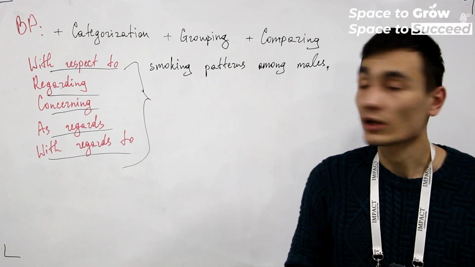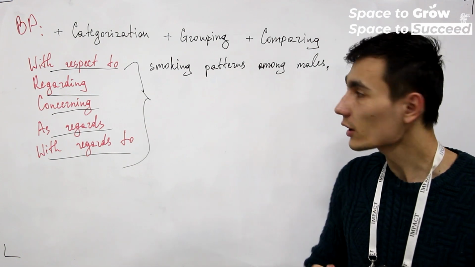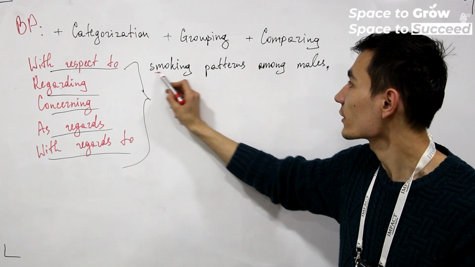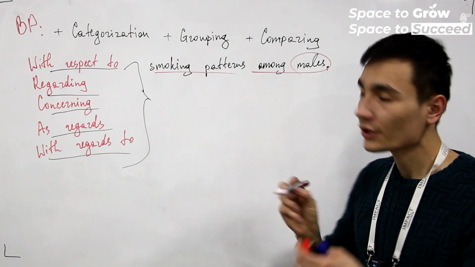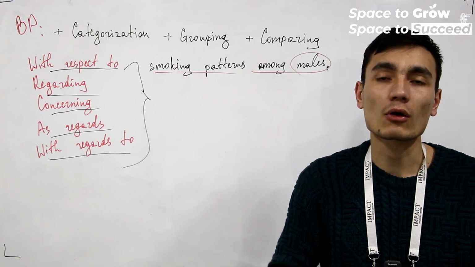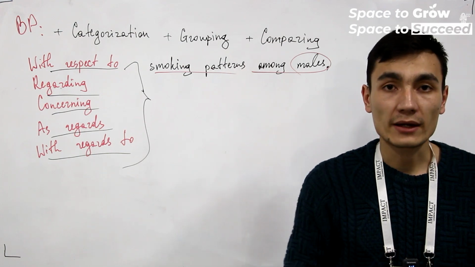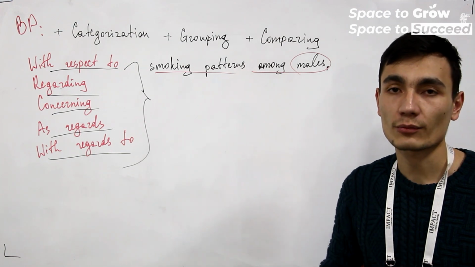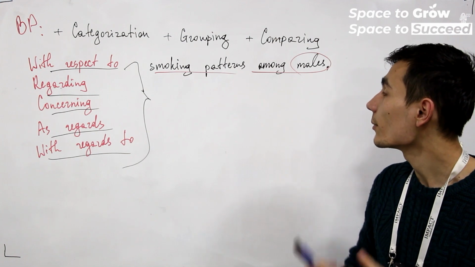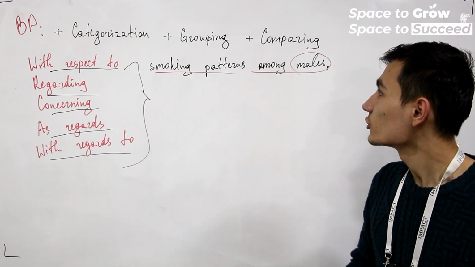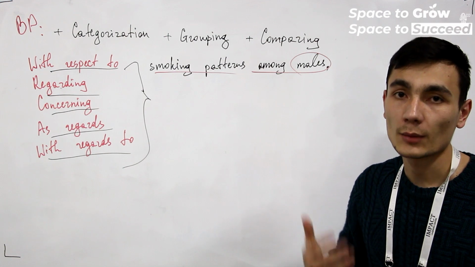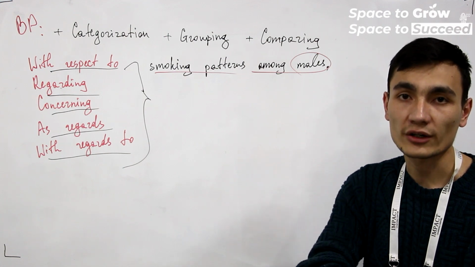After this, you have to put a comma, and it means that we are talking about only smoking patterns among males. So we're going to give only information about men. And here you cannot include any information about females or women. So smoking patterns among men, among males, then you just have to give the beginning of it.